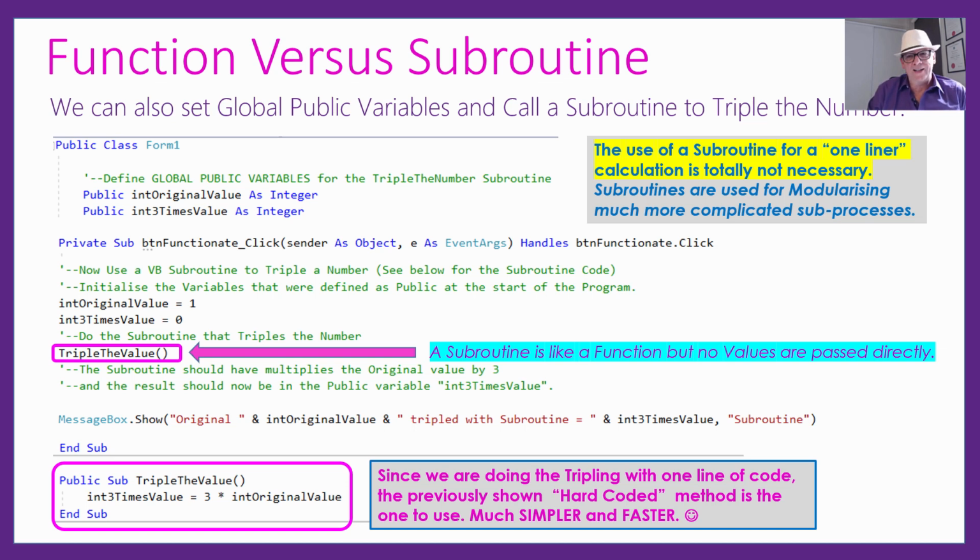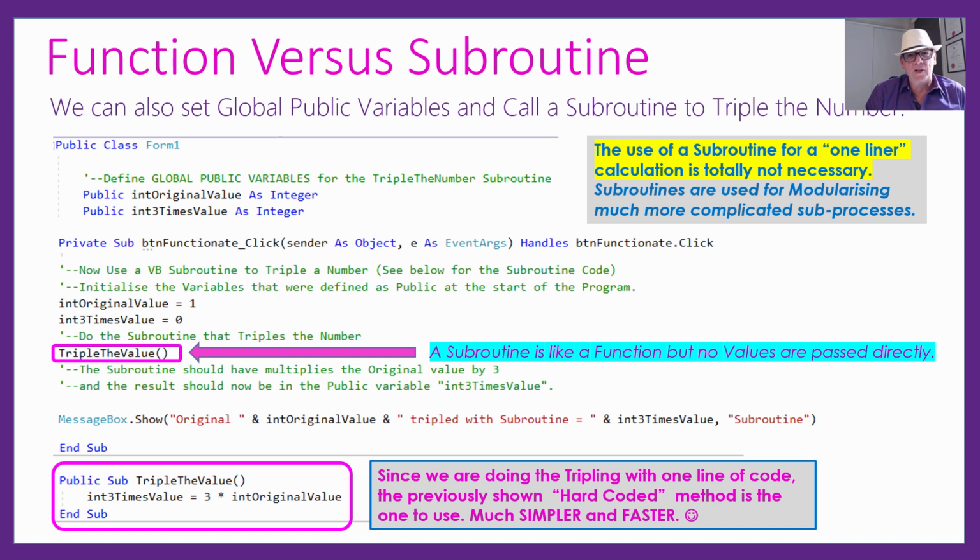Subroutines are used for modularizing much more complicated sub-processes. So like if we had an input form, and like in that password entry program where they've got to put in a password that's got to have letters in it and numbers, and it's also got to be at least 8 characters long.